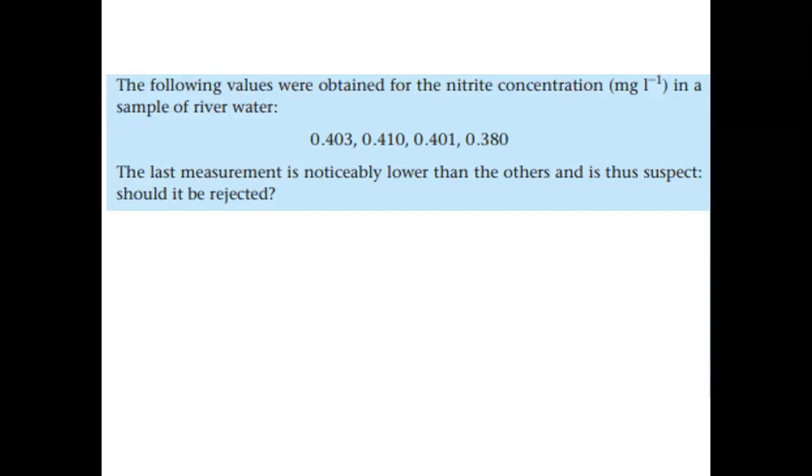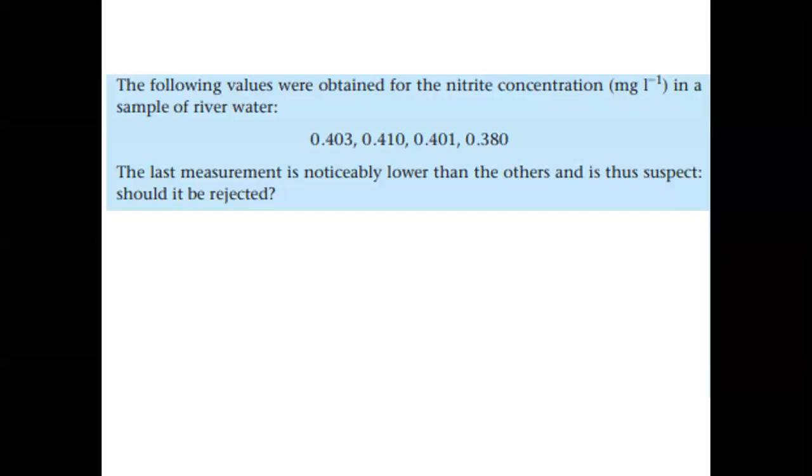The question says the last measurement is noticeably lower than the others and is thus suspect. The last measurement, 0.380, is less than the other 3 measurements. Therefore, it is a suspicious value.